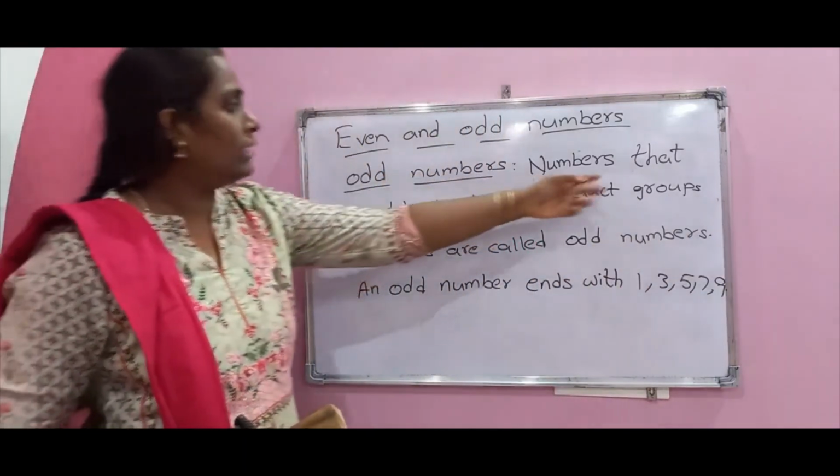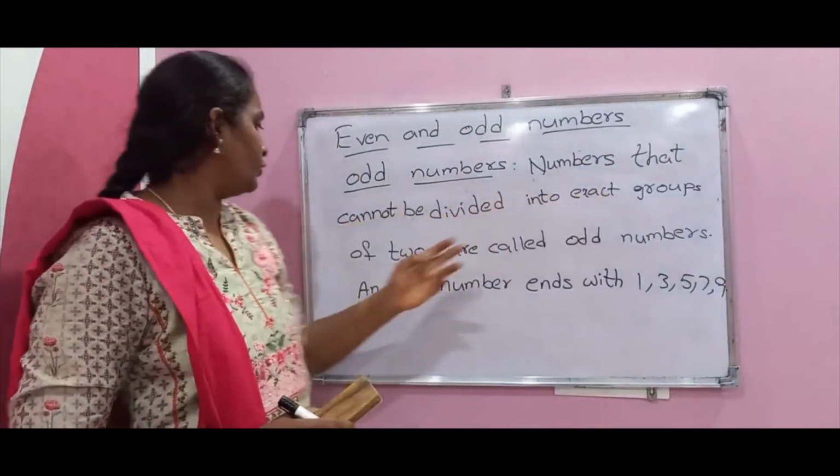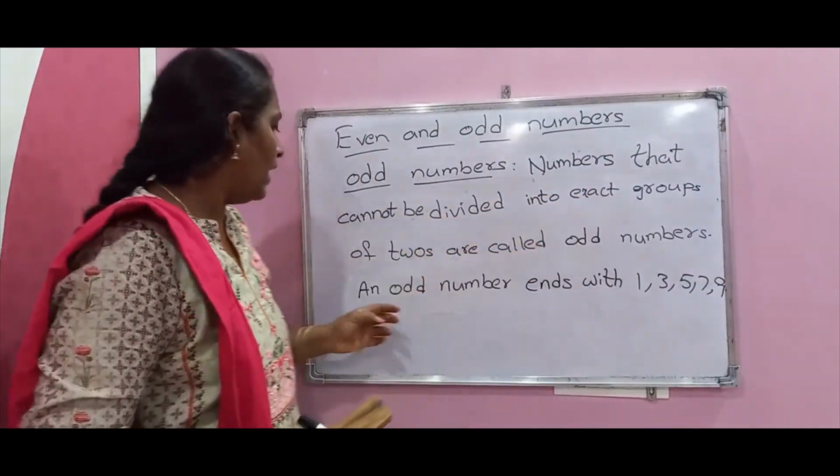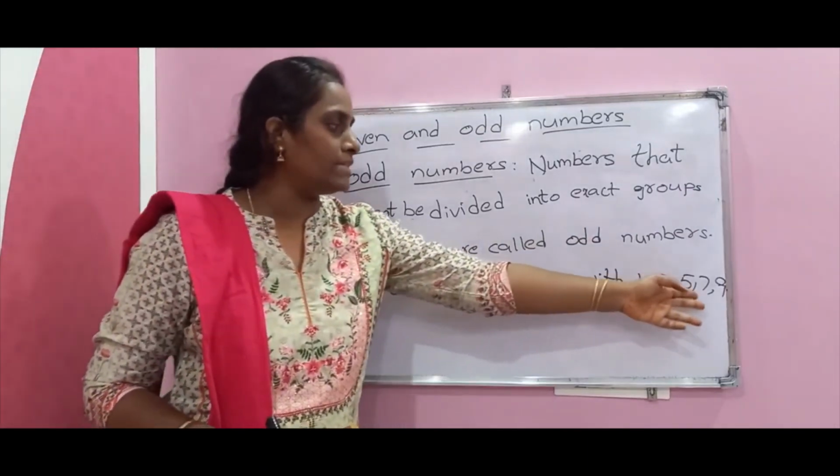Odd numbers. Numbers that cannot be divided into exact groups of 2's are called odd numbers. An odd number ends with 1, 3, 5, 7, 9.